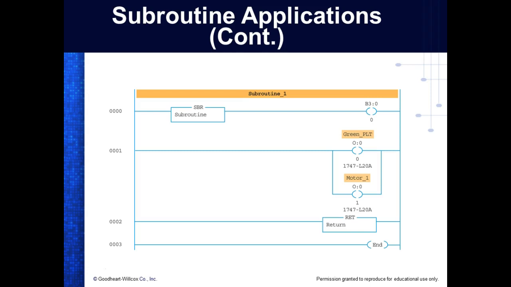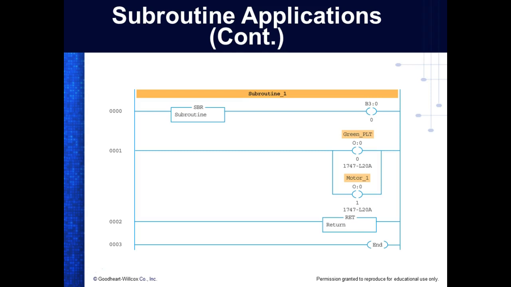What you have to understand is, if you come up here and you input these two outputs, you make them true, and then you go away from the subroutine, what's going to happen? They stay true. They stay true until you come back to the subroutine, because it's not scanning the inputs in the subroutine anymore, right? It only scans the inputs in the subroutine when the subroutine is called.